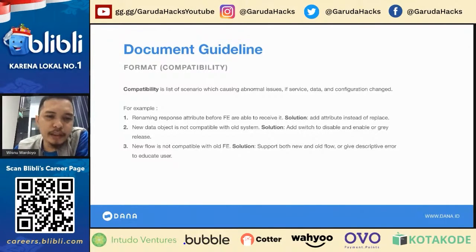The third example is maybe the new flow is not compatible with the front end, and it will cause a break. The solution, maybe from our side, is to support both the new and old flow, or give a descriptive error to educate the user. Over here, the compatibility analysis is very crucial for your production environment. Okay, next.